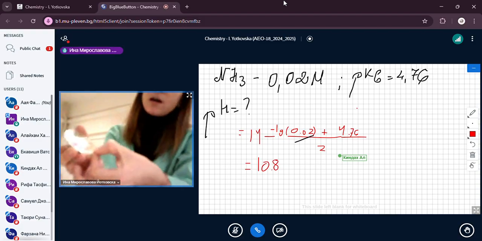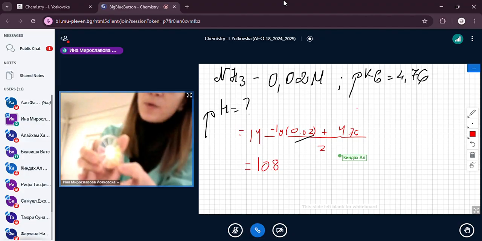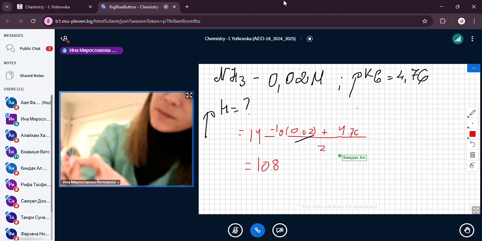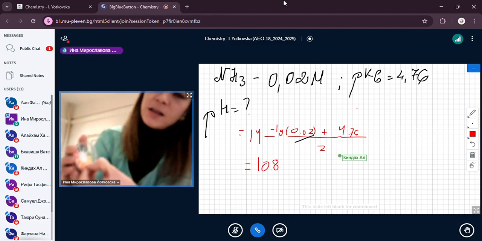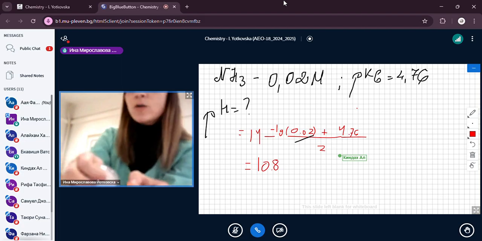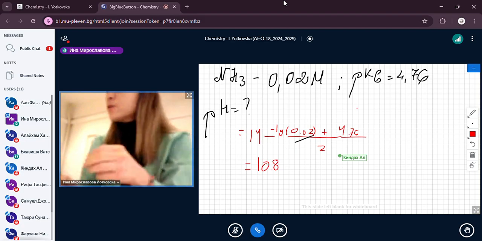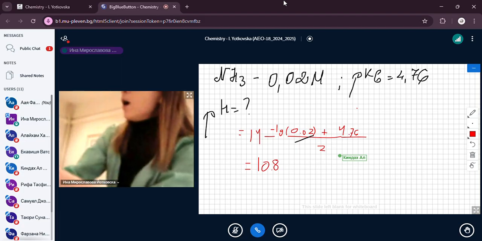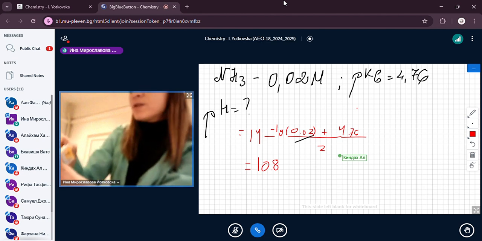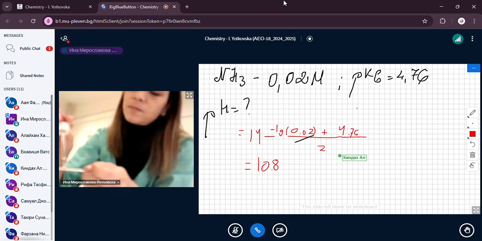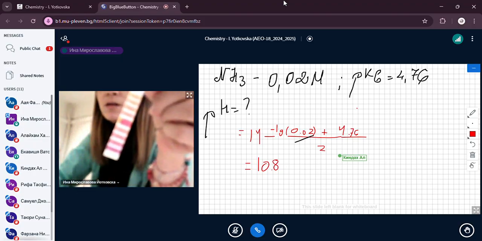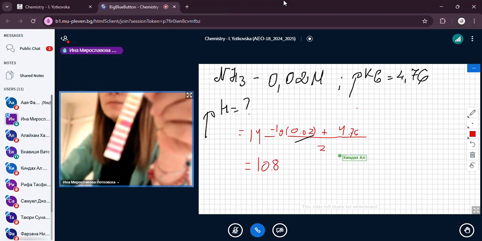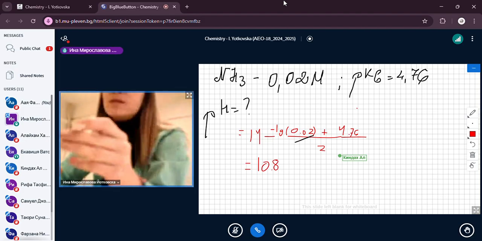Now, I measure the pH of the 0.01 normality hydrochloric acid solution and obtain a value of 2 according to the universal litmus indicator. According to the precise litmus indicator, I obtain 1.8 as a result.